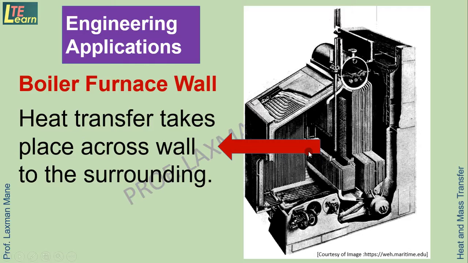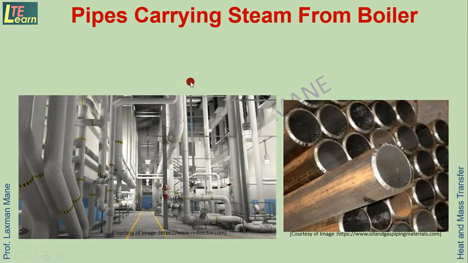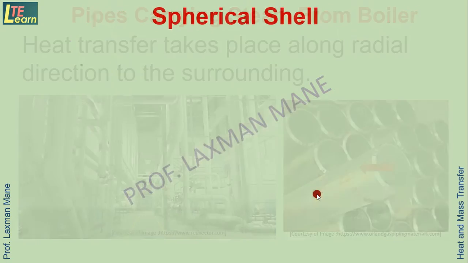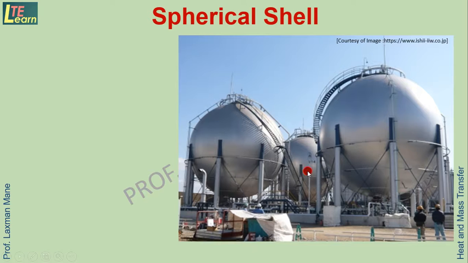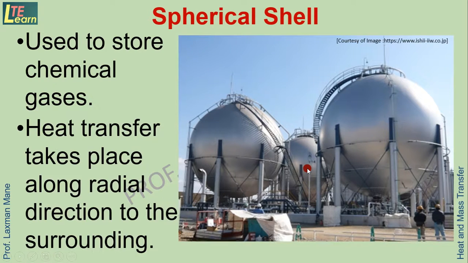In case of a pipe carrying steam from a boiler, heat transfer takes place along the radial direction from the pipe center to the surrounding. In case of a spherical shell, which is used to store chemical gases, heat transfer takes place along the radial direction to the surrounding.